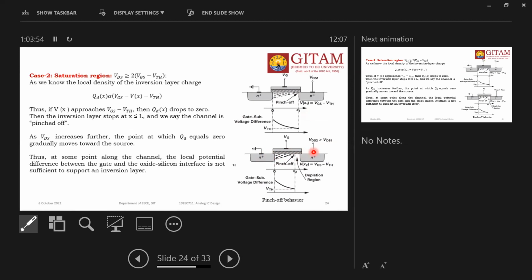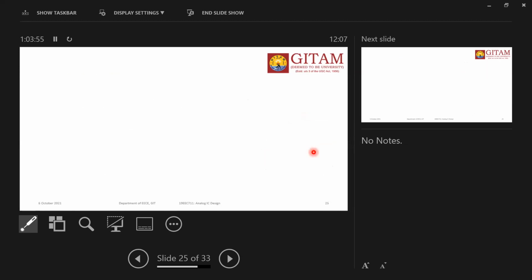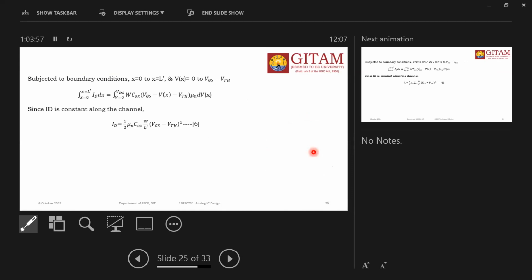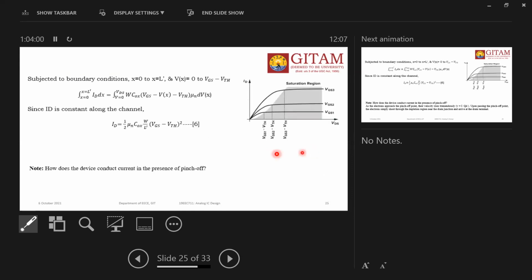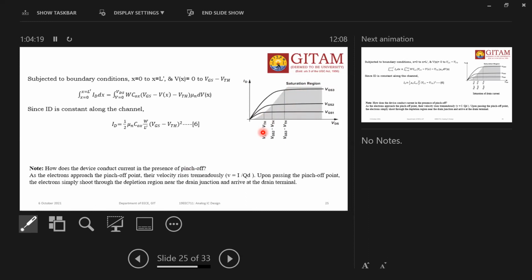Very simple. Here is my question: how does the device conduct current in the presence of pinch off? After pinch off there is no channel, so how is this constant amount of current flowing?